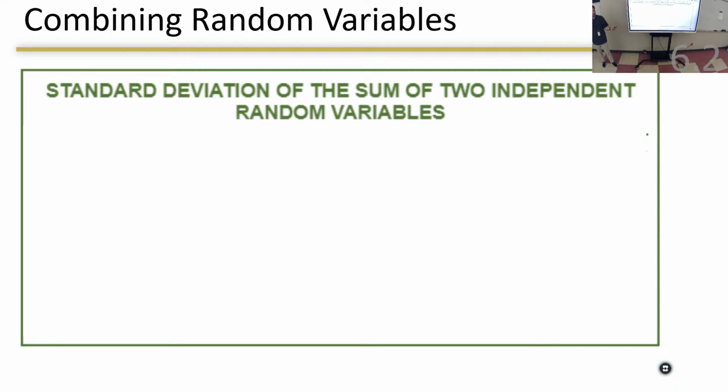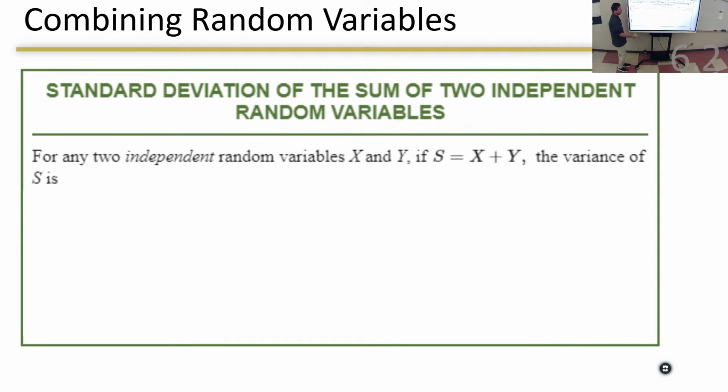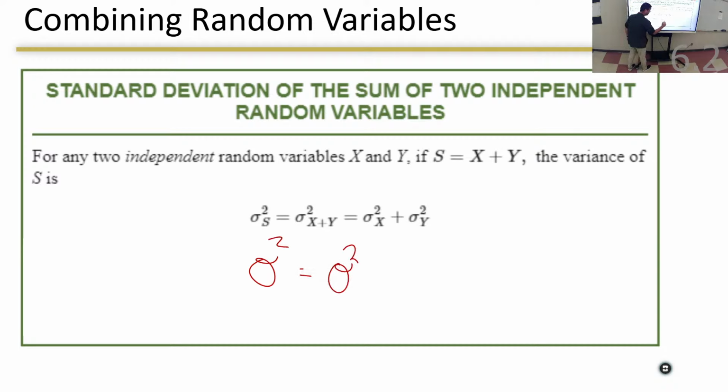For any two independent random variables, X and Y, the variance of the sum is equal to the variance of the first one plus the variance of the second one. This is the sum. So you have to take the two standard deviations and square them.